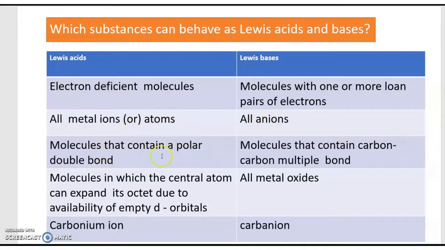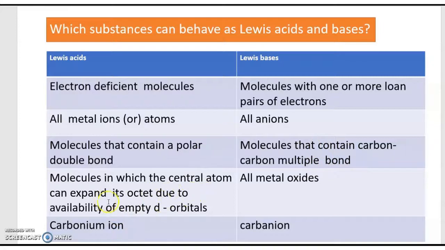Molecules that contain a polar double bond, for example carbon dioxide, which has C double bond O character, behave as acids. But unsaturated hydrocarbons or alkenes behave as bases.